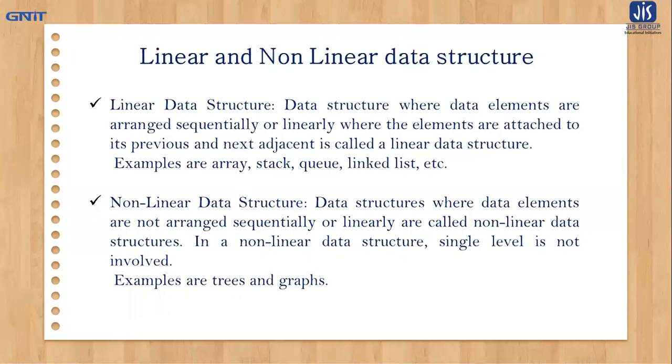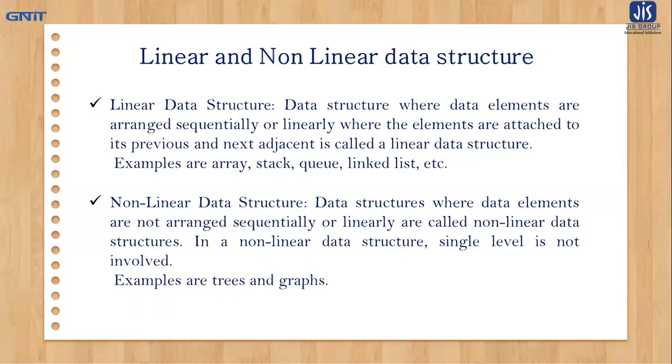So a linear data structure is a data structure where data elements are arranged sequentially or linearly, where the elements are attached to their previous and next adjacent elements. It's called linear data structure. Now, what is the meaning of this?